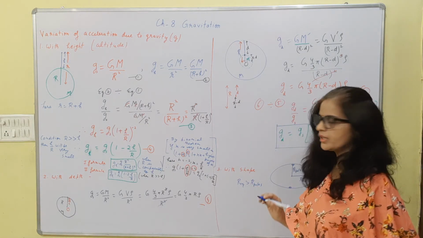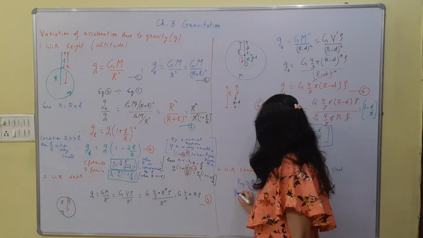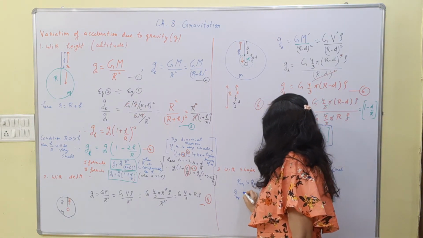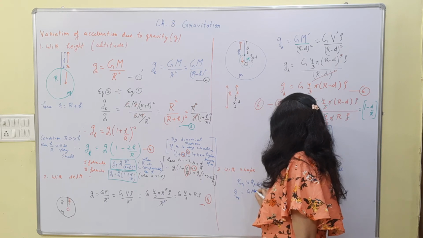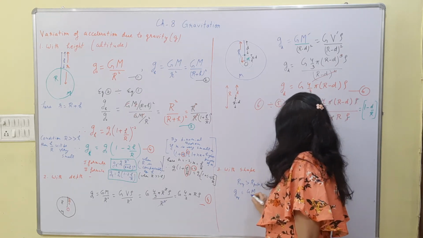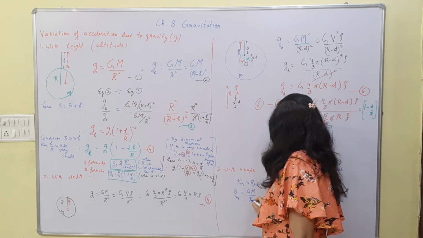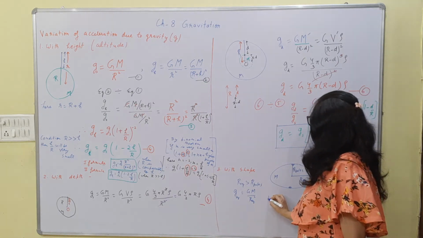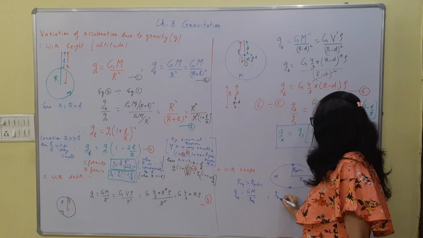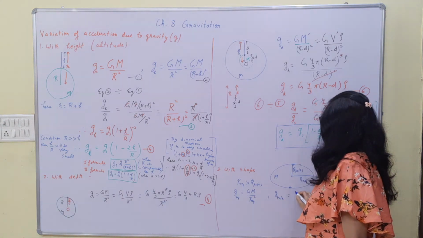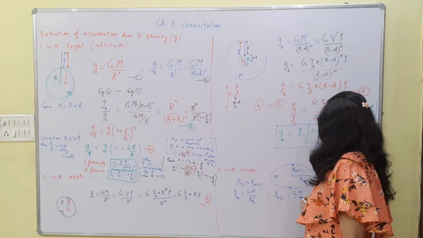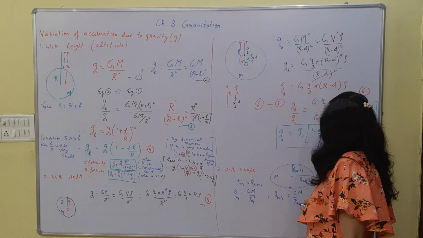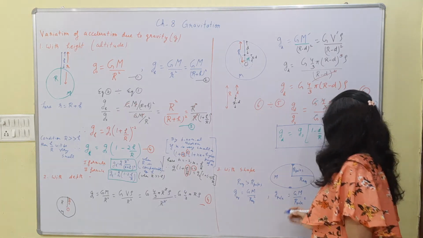We know the formula for acceleration due to gravity. This at equator will be G mass of earth upon radius at equator whole square, and g at pole will be G M upon radius at pole whole square.